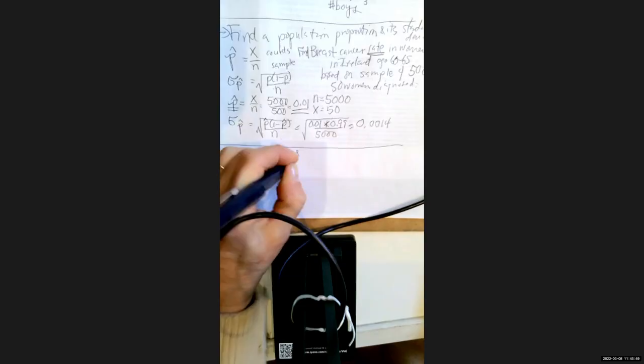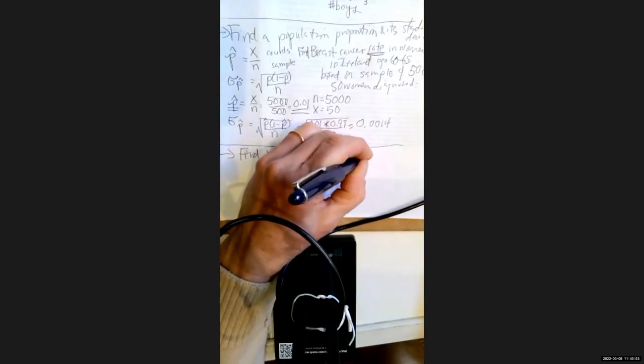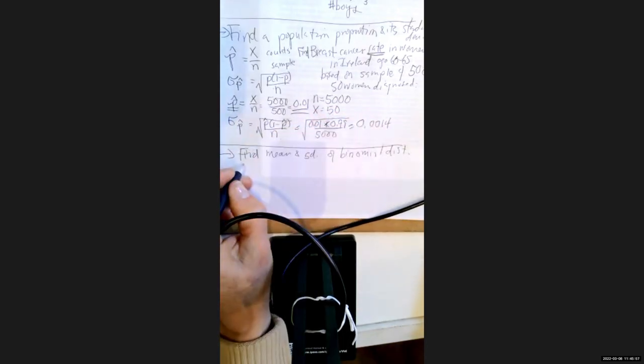Another thing you might want to do is find the mean and standard deviation of a binomial distribution. I did an example in the slideshow. We're going to use mu sub x, the mean of our binomial distribution.